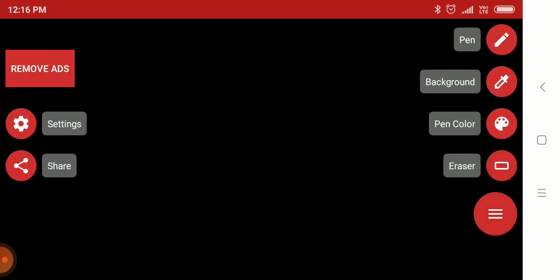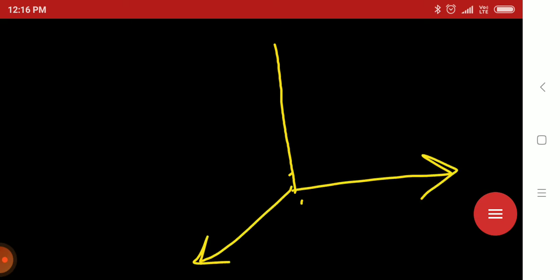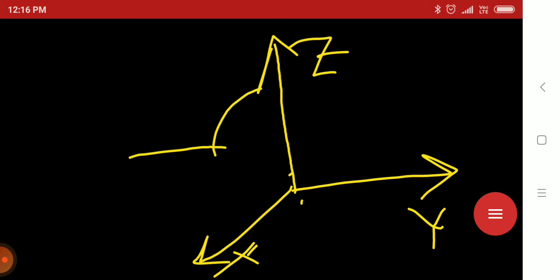So first try to draw the axis. Now let us consider this is X, Y, Z. Now draw that circular arc.